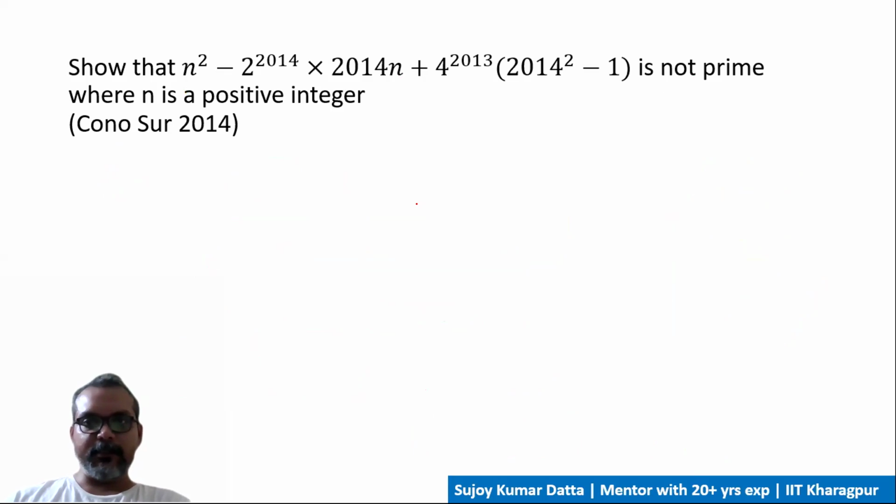We have to show that this is not prime. That means we'll be able to factorize. All right, so what we have is n squared minus 2 raised to the power 2014. So, okay, let's keep that for the time being. This becomes now 2 to the power 4026.